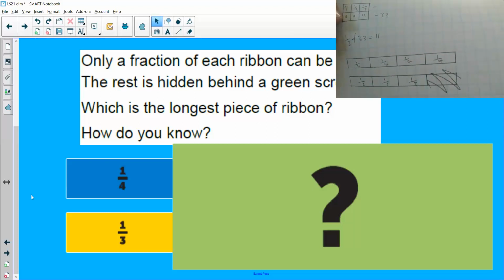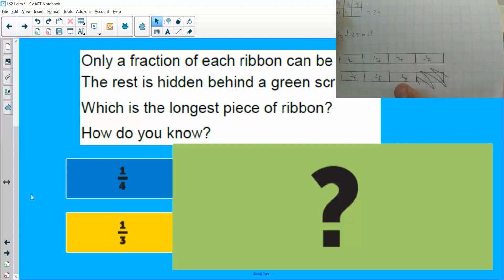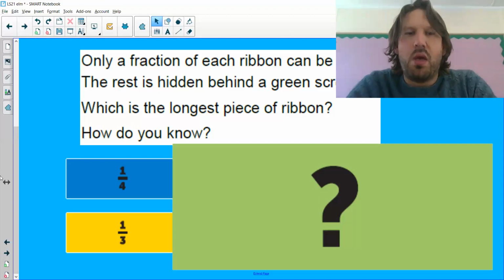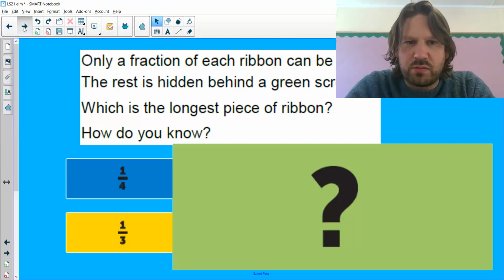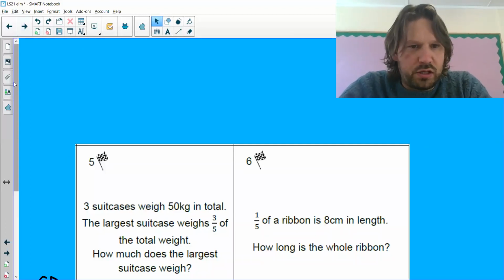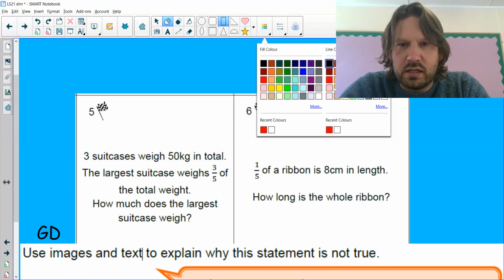Longest piece of ribbon would be only 3 of that. Does that make sense? Bit of a question mark on that one. Okay, so what I thought we'd do is we'd look together, or rather independently, we'd look at this.